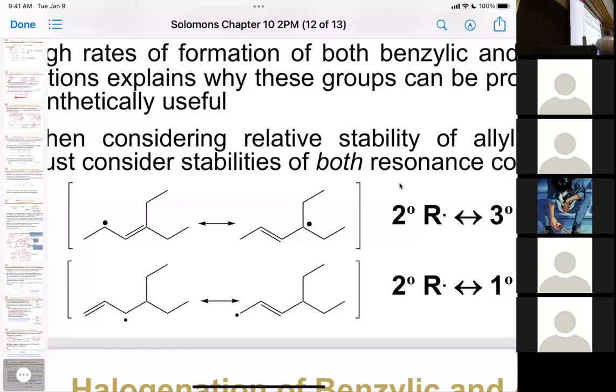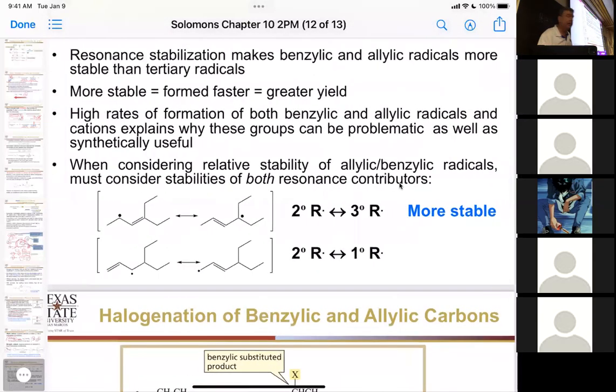In the case here, we're going from a secondary to a primary, but the secondary is more stable and is the greater resonance contributor. So you should see more reaction take place on the tertiary in this one and the secondary in this one as your major product. It's faster and more stable. Okay, questions?